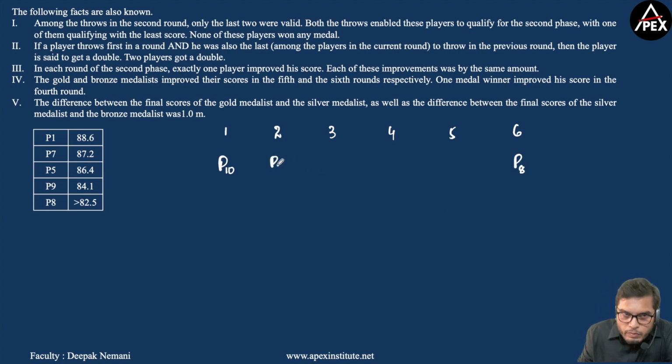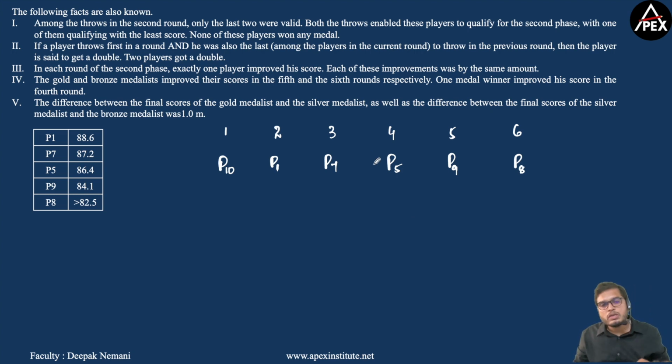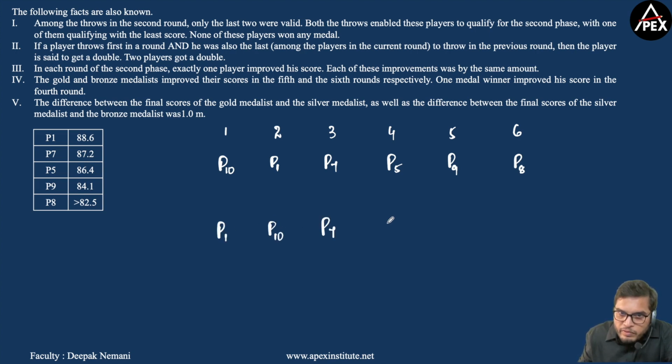So if that's the case, this will be P1, this will be P7, this will be P5 and this person will be P9, right? Now we can also have P1 being the player with rank 1 after round 3. Okay, so if this is P1, this should be P10, then P7, then P5, then P9 and P8.